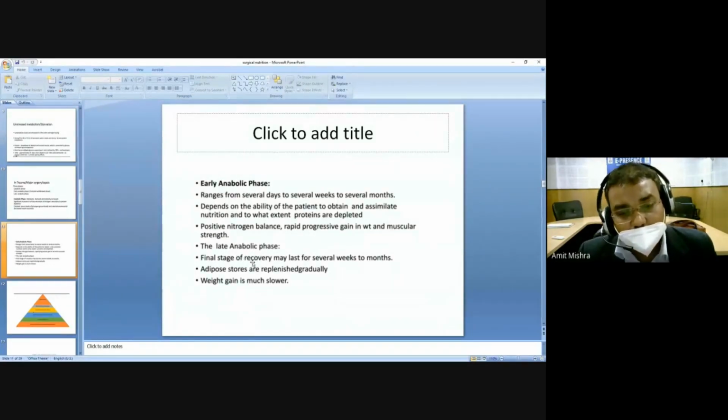If you continue the weaning and the nutritional support, this is the final stage of the recovery, which lasts for several weeks up to months. The adipose stores are replenished gradually, and weight gain is much slower, because it takes quite a long time to gain fat in the tissue where fats are stored. Here you find the weight gain is quite low.